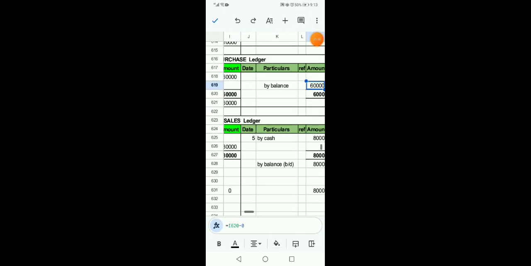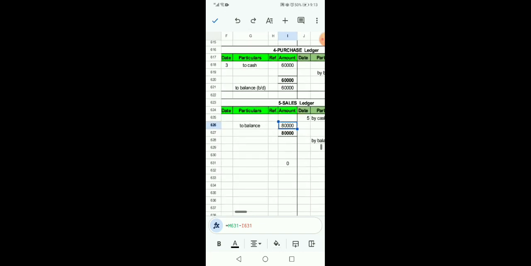Here you can see the smaller side was credit, so you have calculated the balance over here, and here you can see the smaller side was debit, so you have calculated the first balance on the debit side. So it depends upon which side is the smaller side, you will choose that side and calculate your balance on the smaller side. In this way the cash ledger is also completed.